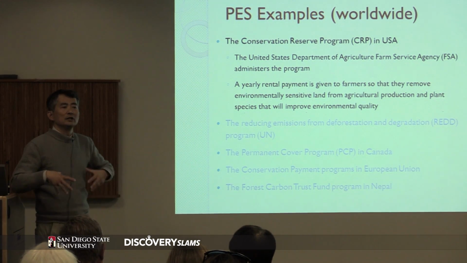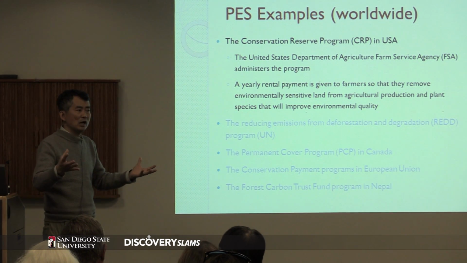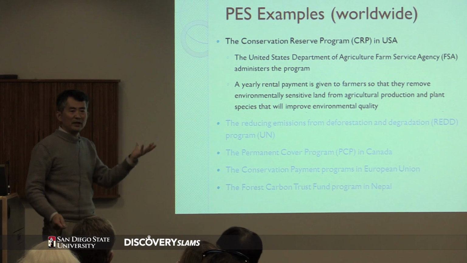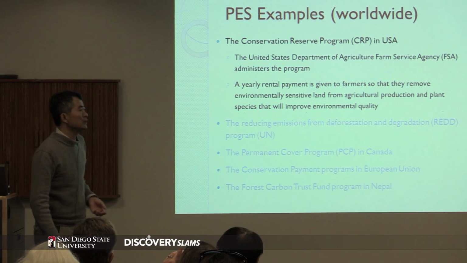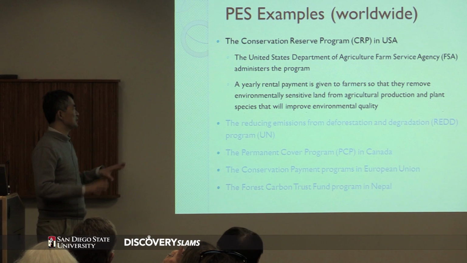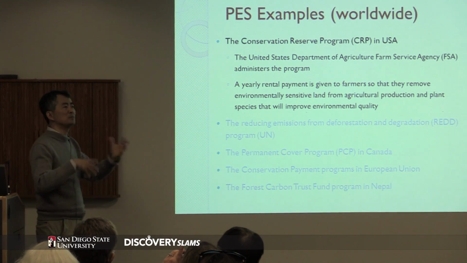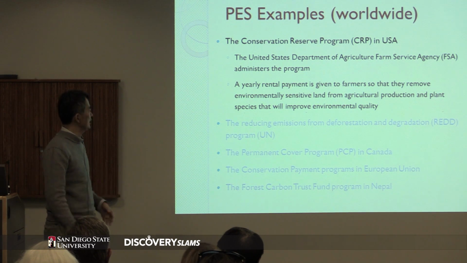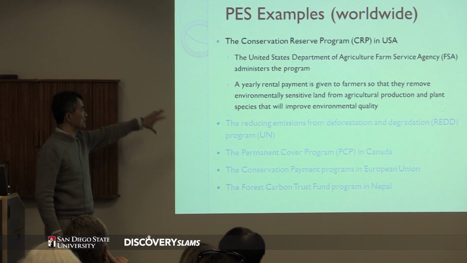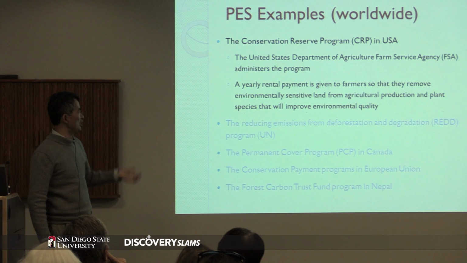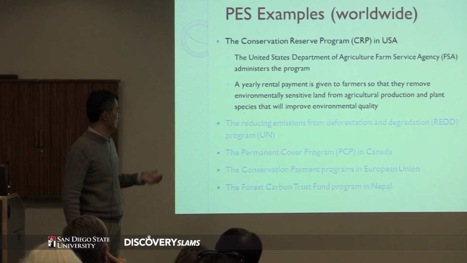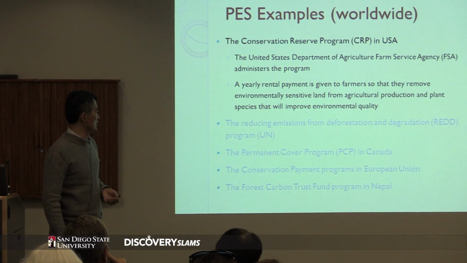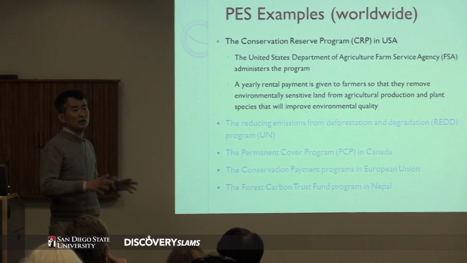What they do is the government pays farmers a certain amount of money. In return, the farmers either stop doing something or plant some species that are environmentally good. Of course, there are some other PES in the world. The UN has REDD, Canada has their PCP, and the European Union has their CP programs, and so on and so forth.